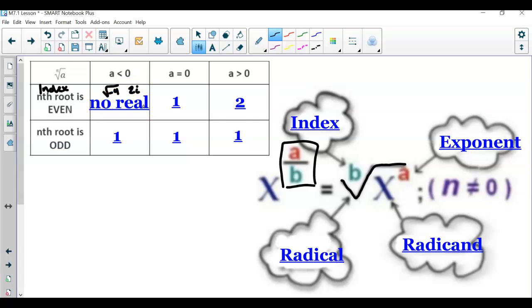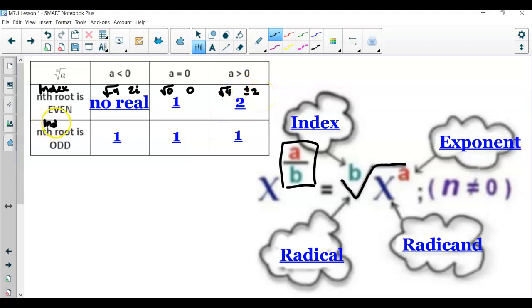But if it is actually equal to 0, well, what is the square root of 0? Well, that's just 0, the one solution. Then if I have the square root of a value that is greater than 0, so now positive, the square root of 4, well, that is positive and negative 2 here. So here, that's why we have two solutions for both the positive and the negative.